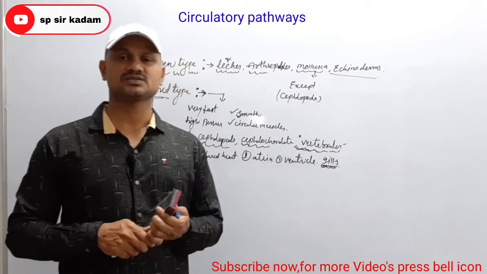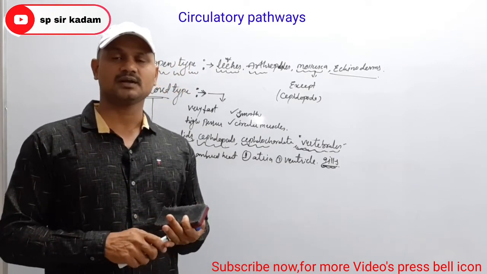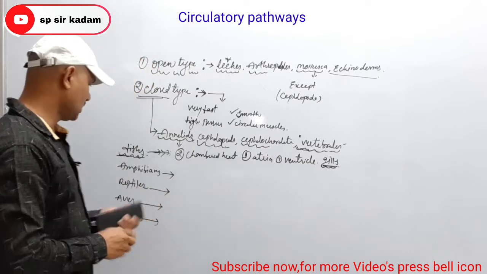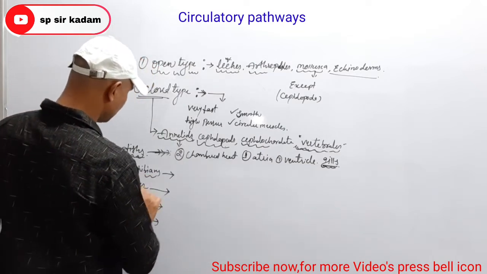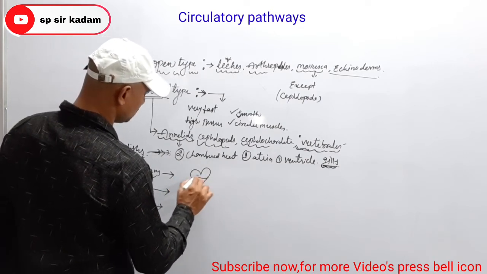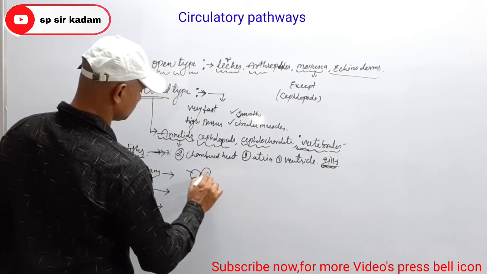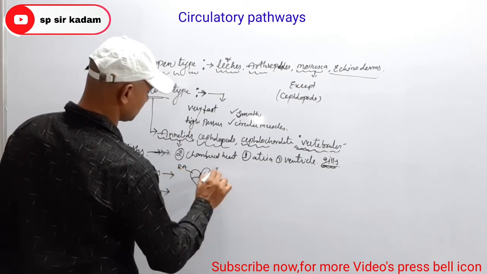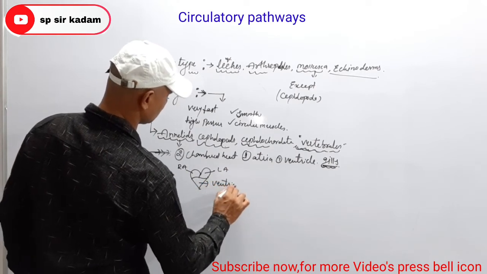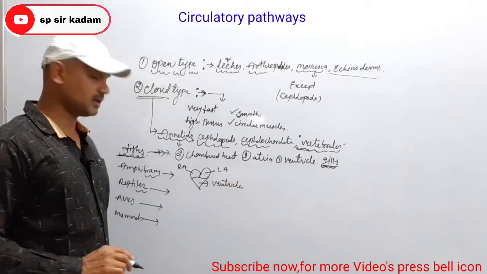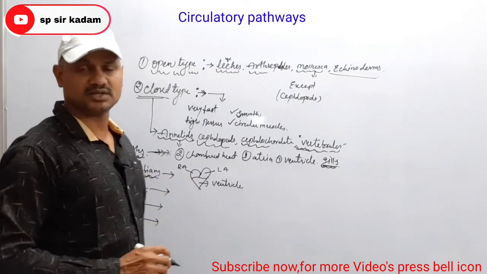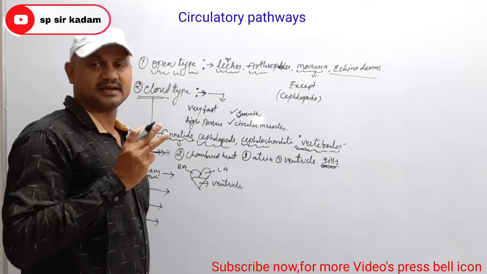So in case of fishes, the heart is two-chambered, one auricle and one ventricle, and the circulation is single circulation. Then next, what about amphibians and reptiles? In amphibians, the heart is three-chambered, that is two auricles, right and left, and a single ventricle.